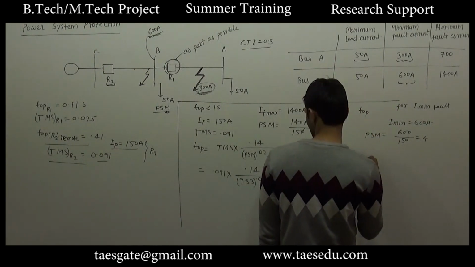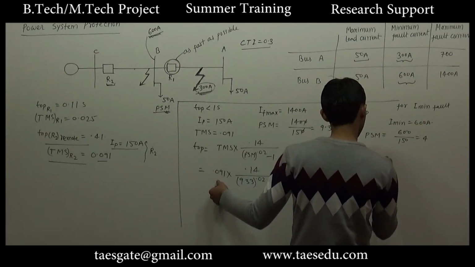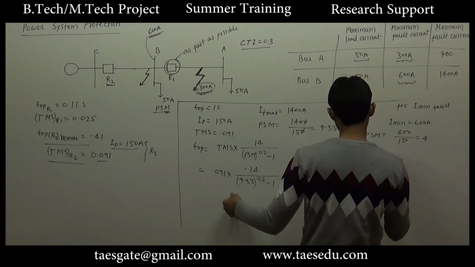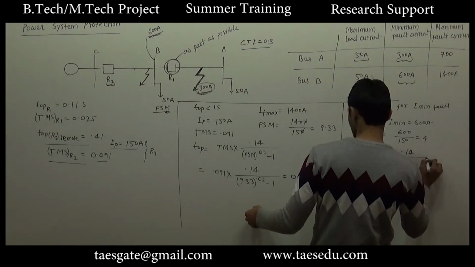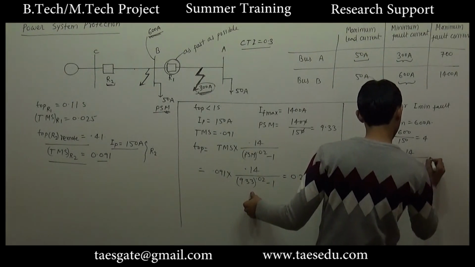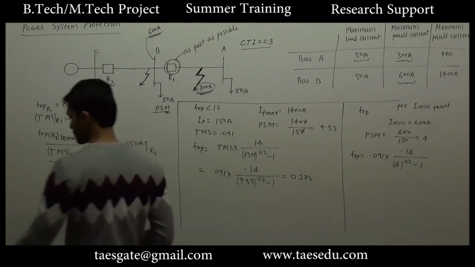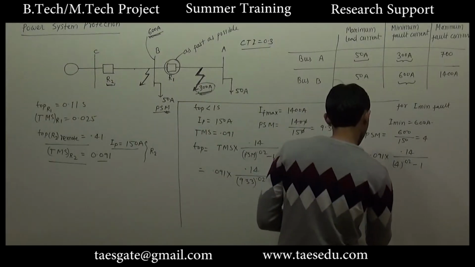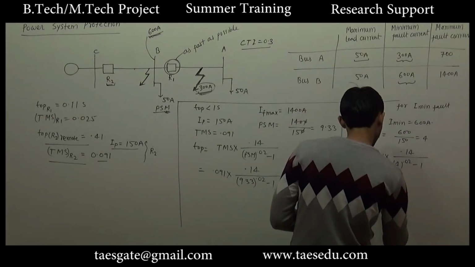So the operational time will be TMS 0.091 into 0.14 divided by 4 to the power 0.02 minus 1. This is 0.45 second.